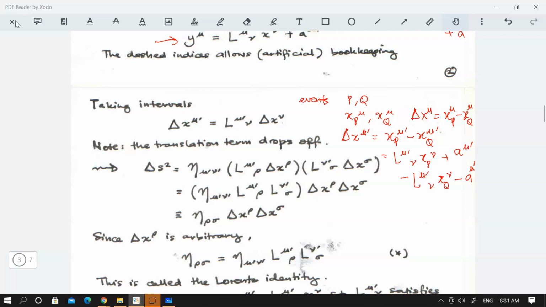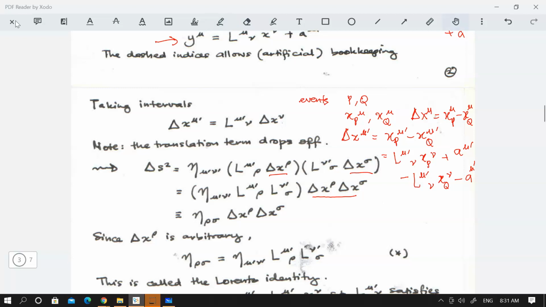So that is from the dash frame, and remember that these are matrix elements. These are again matrix elements. I can collect all these matrix elements together, multiply the interval Δx^ρ here and Δx^σ here.